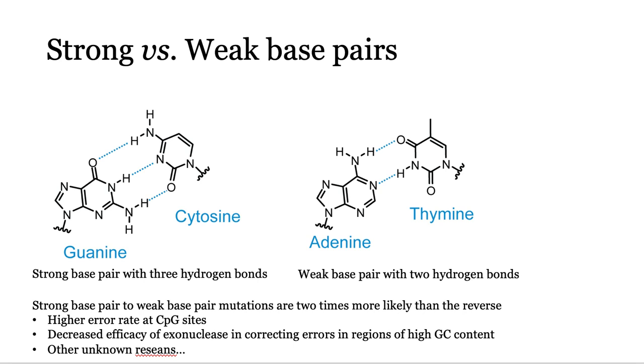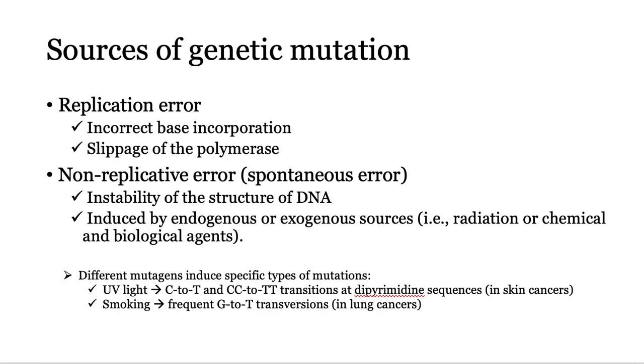Okay, so we talked about different types of non-replication errors introduced by spontaneous change in the DNA structure. Those are the spontaneous changes. There could also be other changes that are induced by exogenous sources, for example carcinogens, chemicals that induce cancers, and they act by inducing mutation in the DNA.